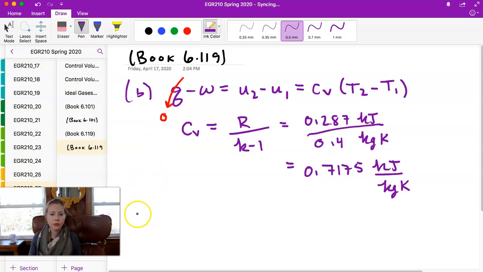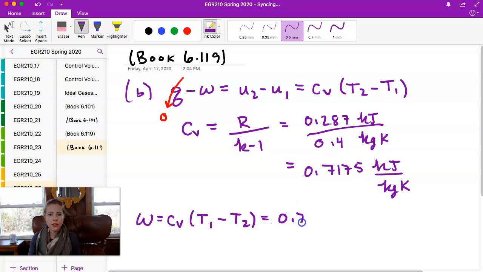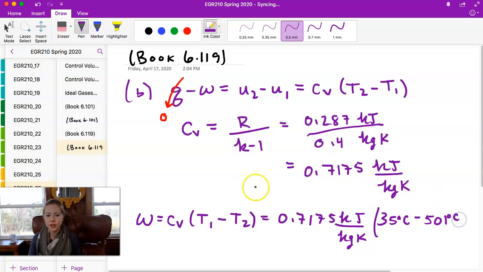And so W is going to equal Cv times T1 minus T2. I just distributed the negative sign throughout. And so it's going to be equal to 0.7175 kilojoules per kilogram Kelvin times T1, which was 35 degrees Celsius, and T2 was 501 degrees Celsius.